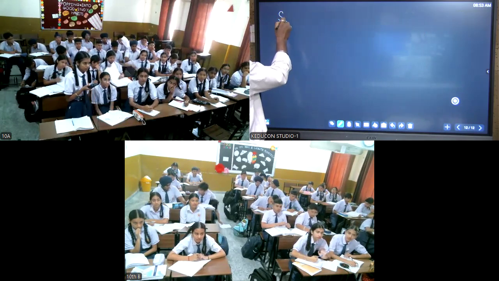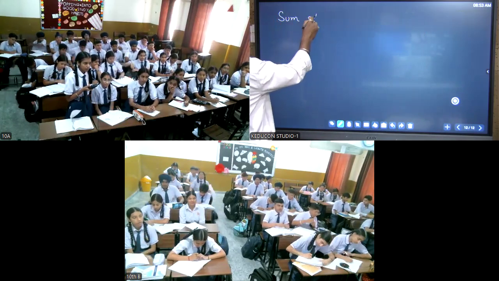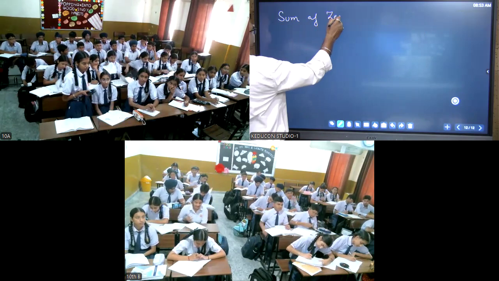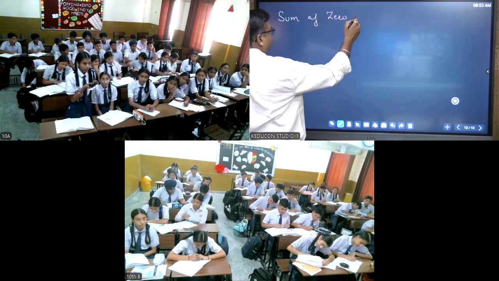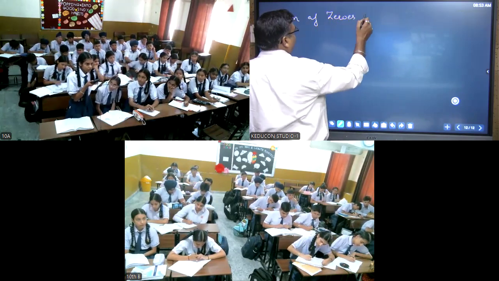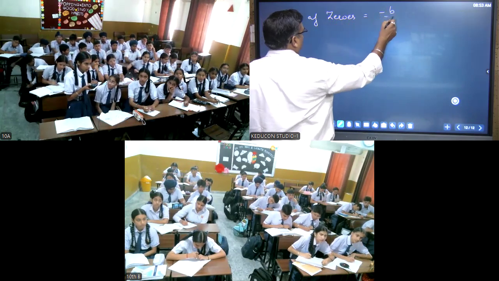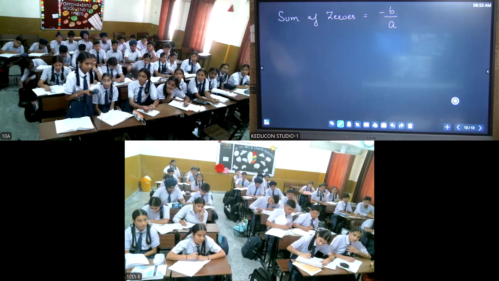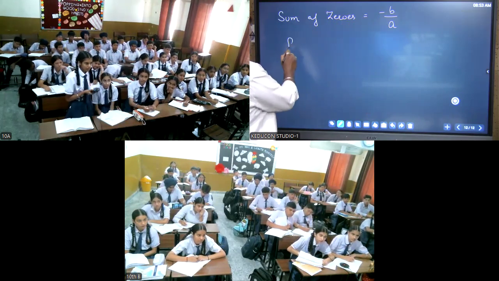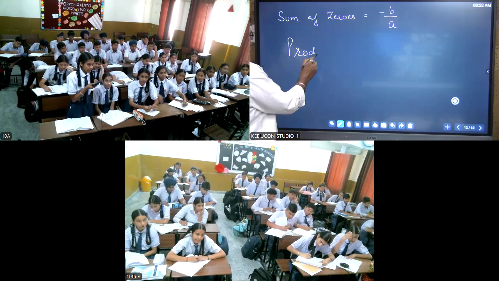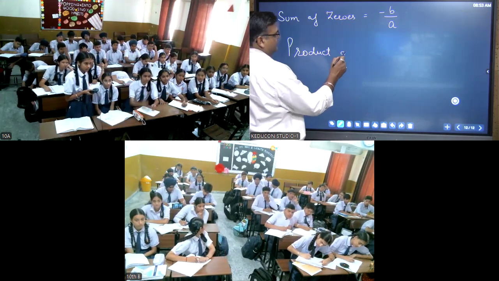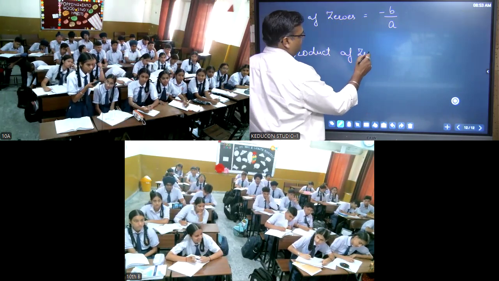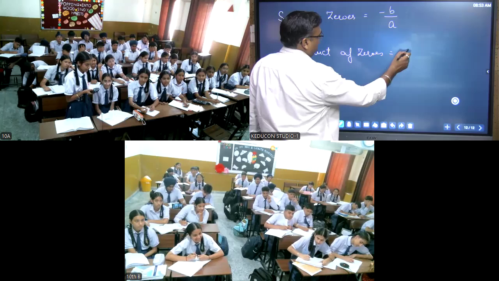And what are b and a? B is the coefficient of x and a is the coefficient of x square. Very good. What is the product of zeros? C upon a, where c is the constant term. Very good, beta. Please sit down.